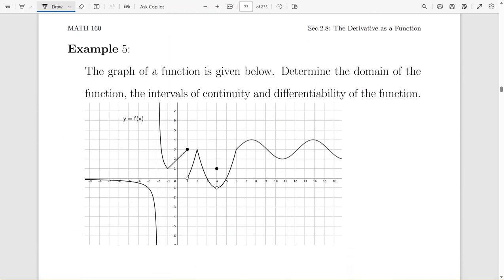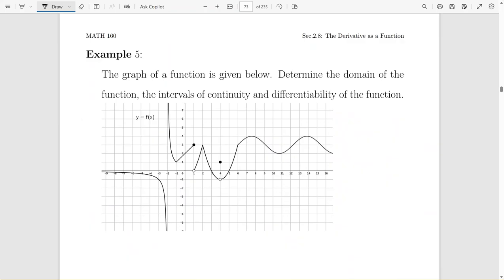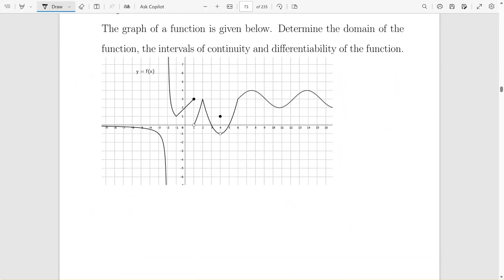Okay. So on example 5, they're asking, determine the domain of the function. Find the intervals of continuity and differentiability of the function. So for this one, let's take a look first at the domain. Going from left to right, we're looking for any x value that's not associated with a graph.